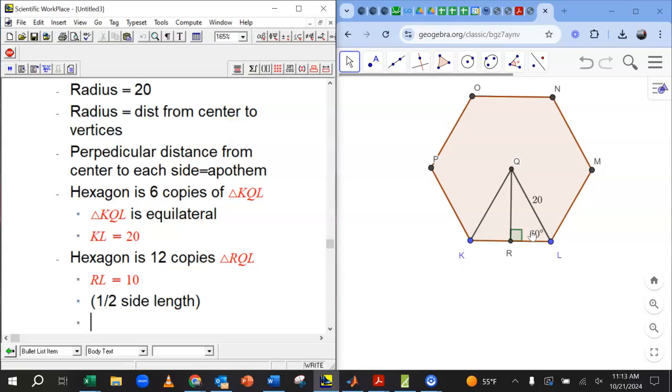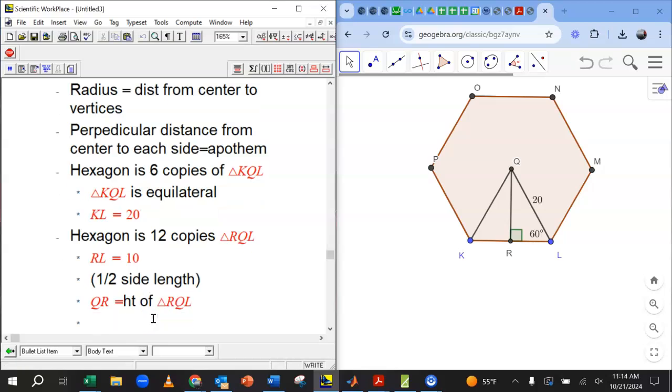So we've got that half side length, which is the base of RQL. Now we just need to get the height, and that is exactly that apothem. So that is QR. That equals the height of RQL.